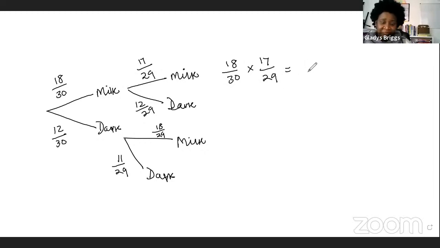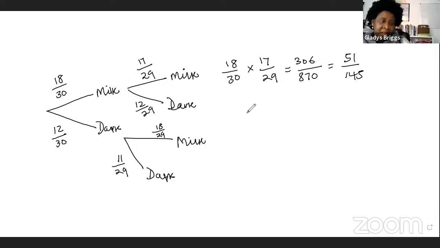That is 306/870, which I think can come down to 51/145.